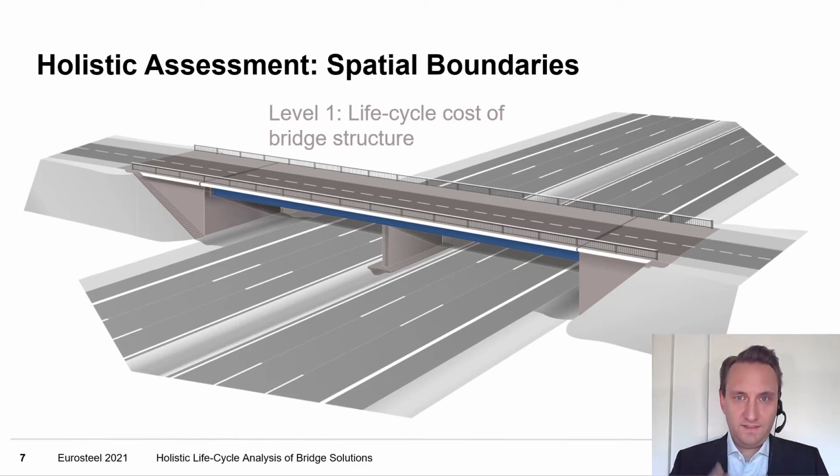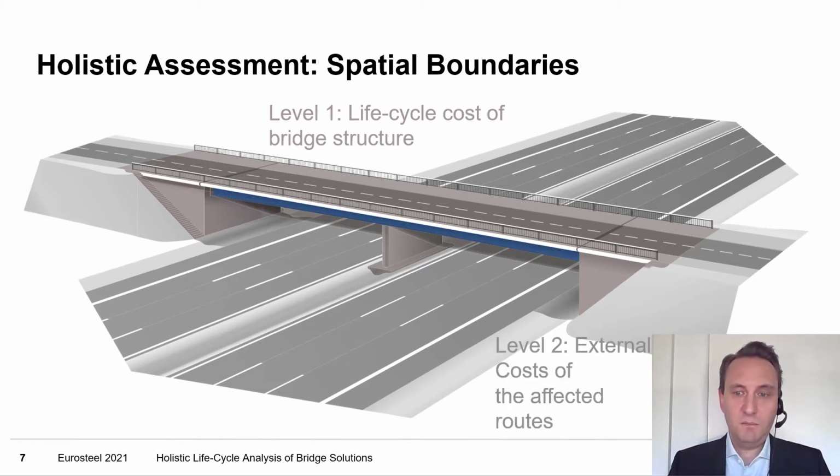Beyond the structure itself, you can also include other impacts that, for example, result from the affected routes. The calculation method is called external cost calculation. And within this one I include all the impacts that result from the obstruction of traffic.